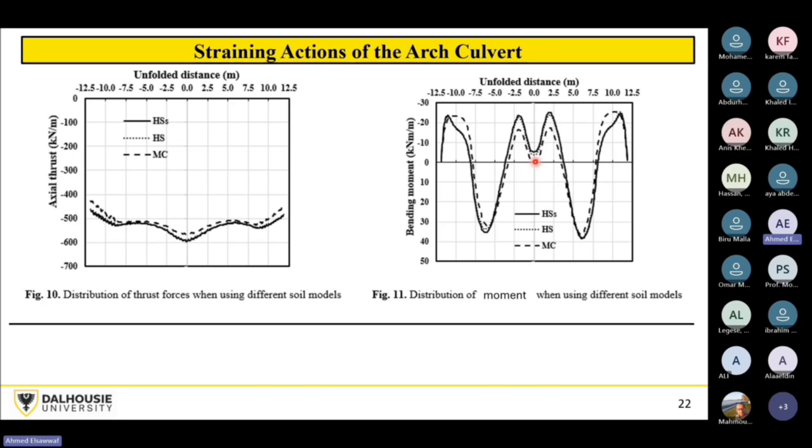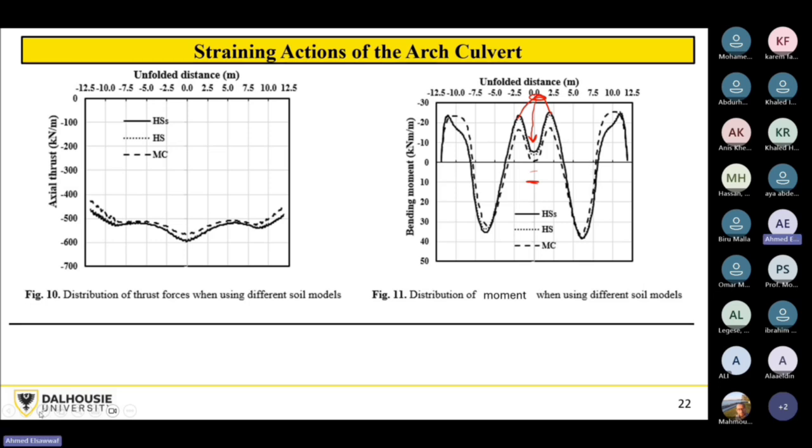Just assume that you have a simply supported beam: you would have a positive bending moment at the middle due to any point load in the middle. So the construction process and the soil loading give you a negative moment. At the beginning, under construction, it looks like this. But after applying the truck loads, this peak wants to move in this direction towards the positive moment.